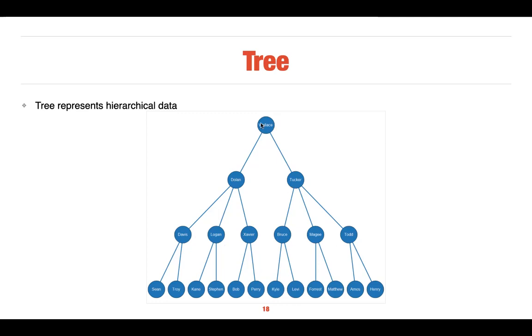The initial node is called the root, and the tree goes downwards. From the root, these are the branches starting from the root, and then we go to other branches. The last nodes, after which there are no branches, we call leaf nodes.